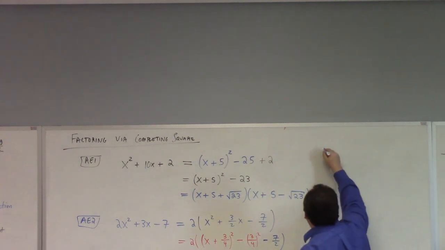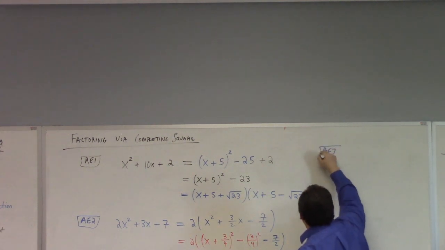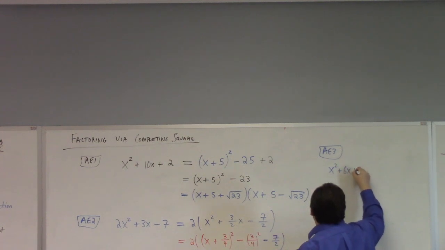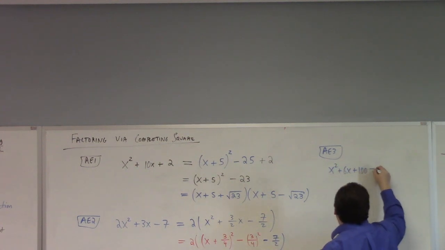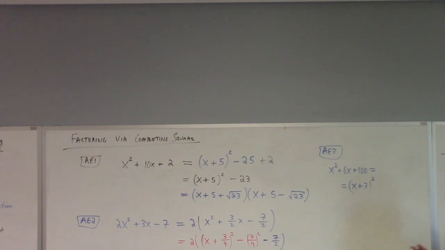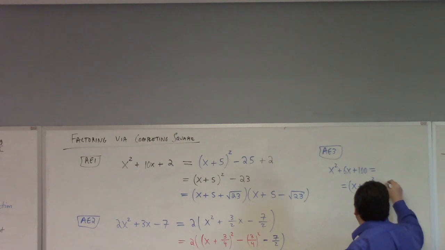My last example for today, algebra example 3. Suppose you've got x squared plus 6x plus 100. Does it factor? All right, so that's (x plus 3) quantity squared. Take half of 6, which is 3. That means I have to subtract 3 squared, which is 9. What's 100 minus 9? 91.